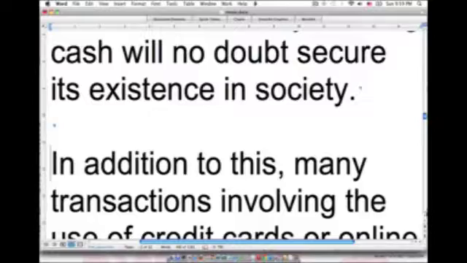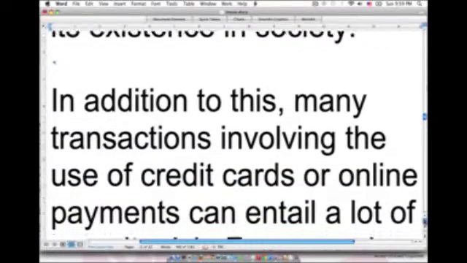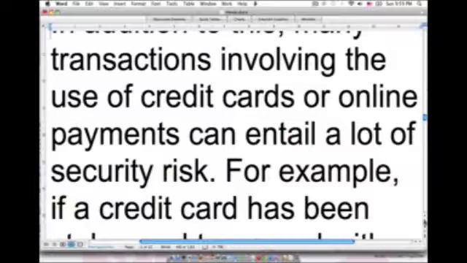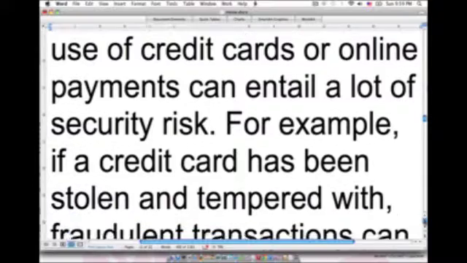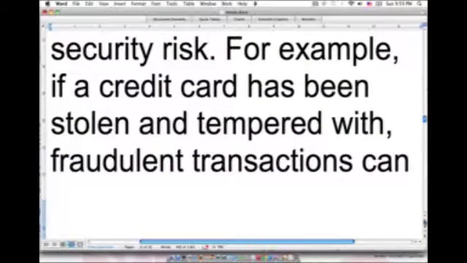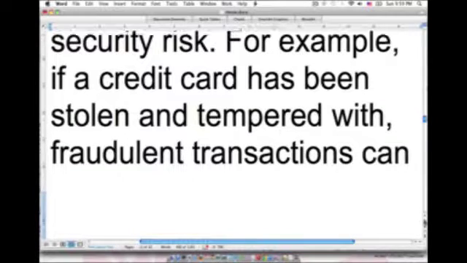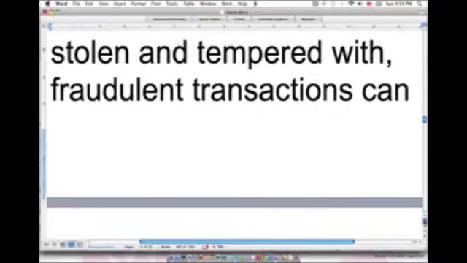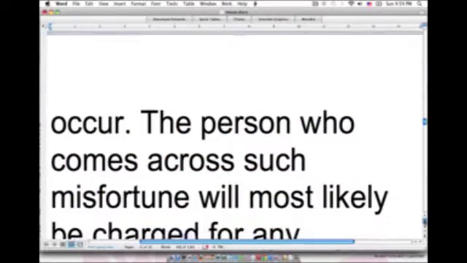In addition to this, many transactions involving the use of credit cards or online payments can entail a lot of security risk. For example, if a credit card has been stolen and tampered with, I think that's supposed to be tampered with, fraudulent transactions can occur.